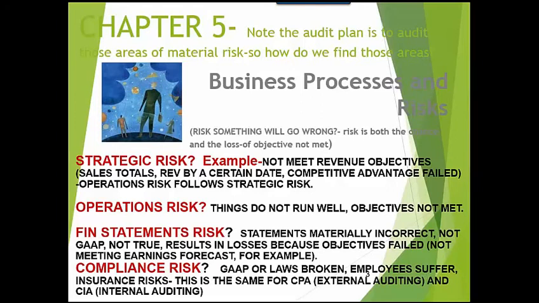And so we need to make sure that the financial statements are fairly presented, but we also need to make sure that these financial statements reflect what the organization is intending to do. So again, think about financial statement risk from two different perspectives. Are the financial statements correct? And number two, are these financial statements showing that in fact we are meeting forecasts, that we are meeting the strategic objectives of the organization?